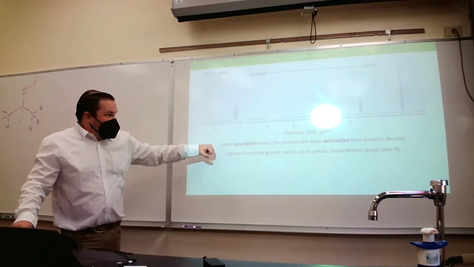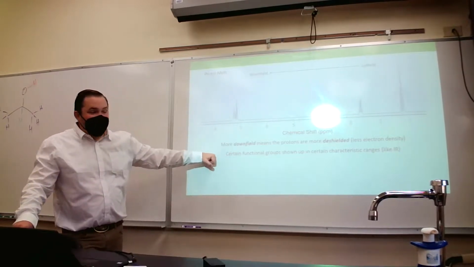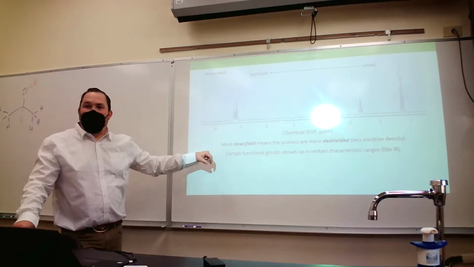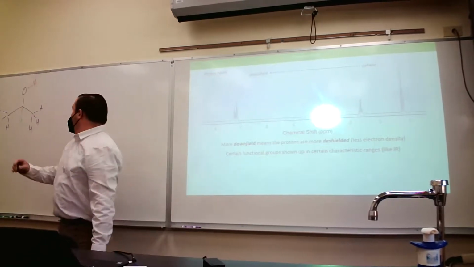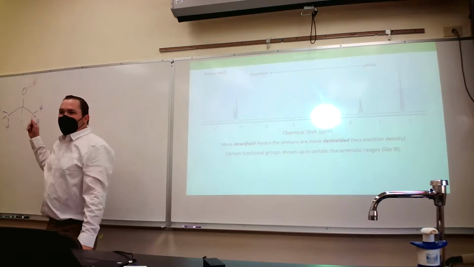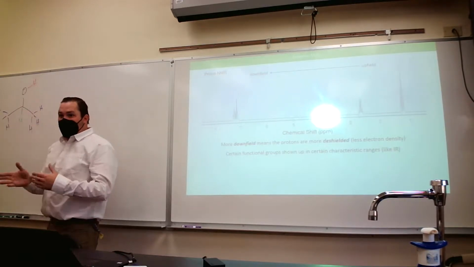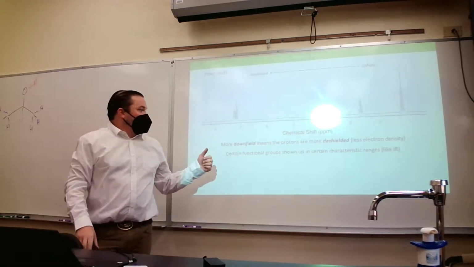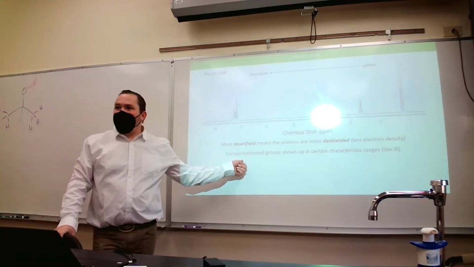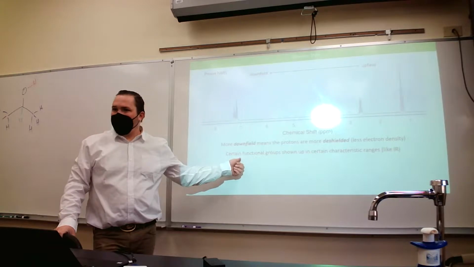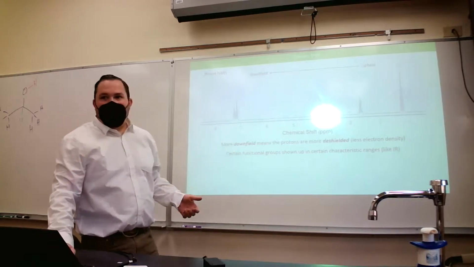And the other nice thing about this is that just like with IR, we don't have to be able to work backwards from what's attached to what every single time. That's one way we can split hairs if we got a bunch of things close together, but certain functional groups tend to show up in the same region every time. So similar to IR, right?